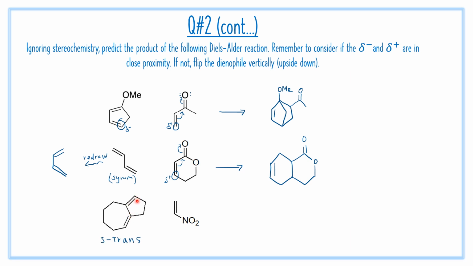It's wrapped in a ring, and you can't rotate rings in a way that you can make it S-cis. So it's forever locked in S-trans formation. So even though this dienophile has an electron withdrawing group, and it's going to have a partial positive charge here, it doesn't matter because the diene is S-trans. That means you're going to have no reaction.